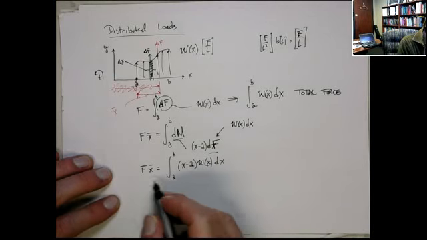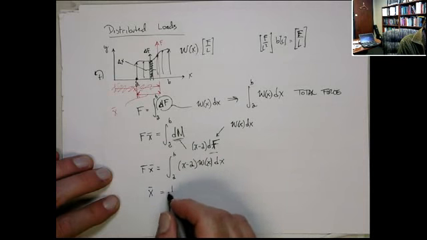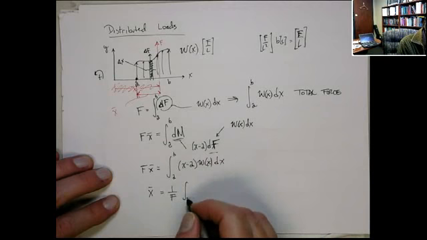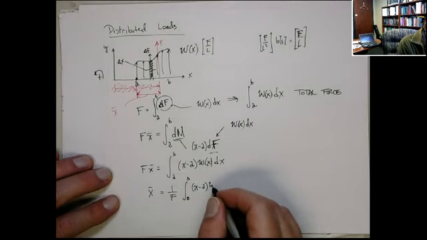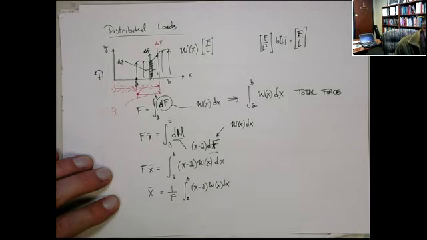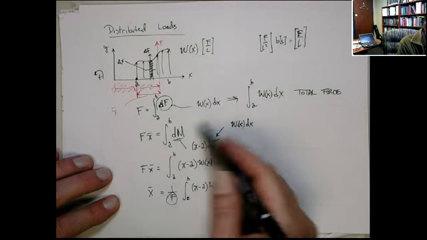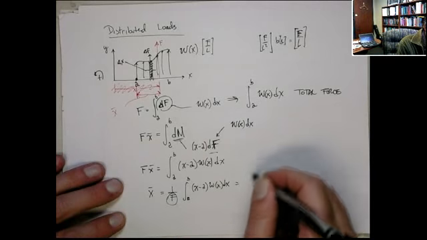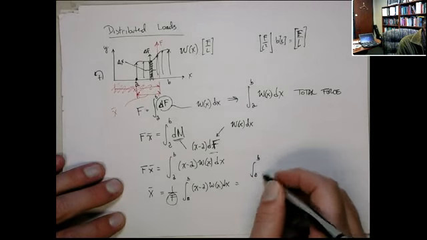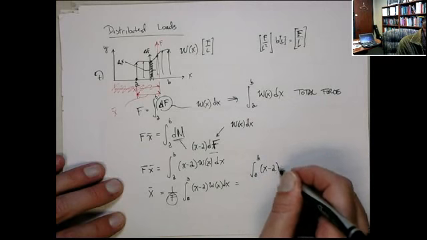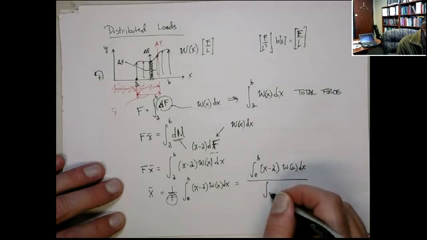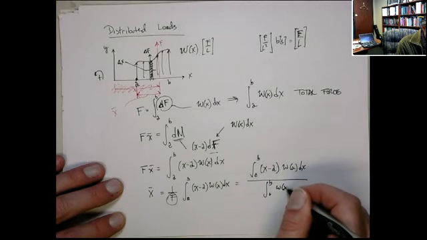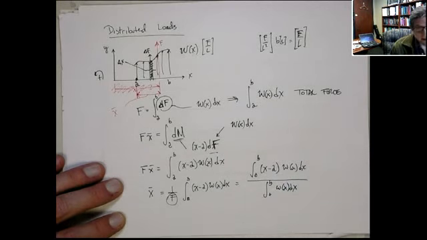Now if we divide by F, x bar is equal to 1 over F times the integral of (x minus A) w(x) dx. Knowing that F is just the integral of w, this is the integral of (x minus A) w(x) dx over the integral of w(x) dx. So that's the location.